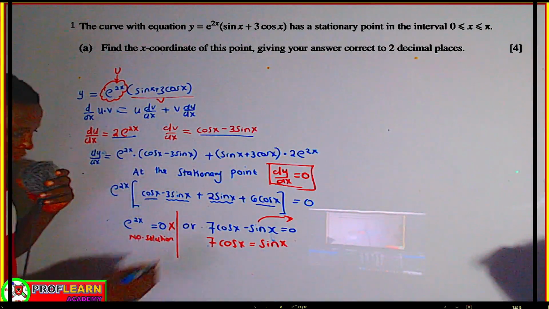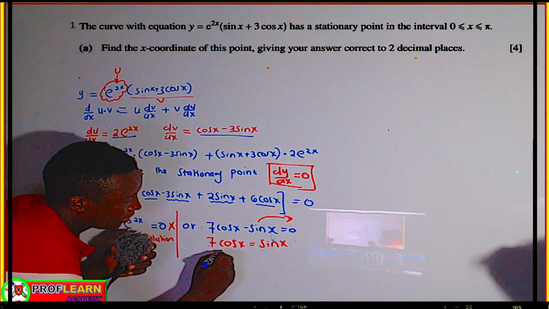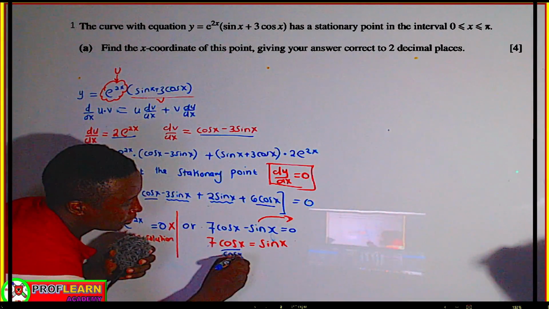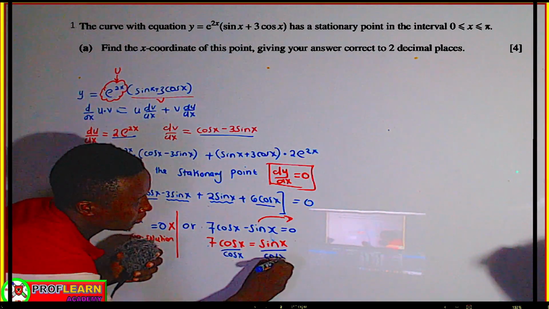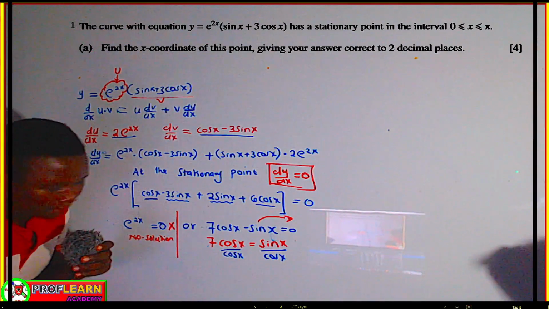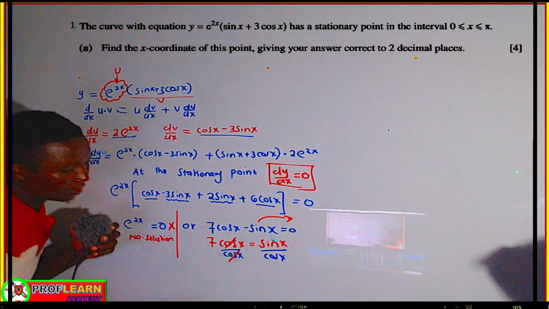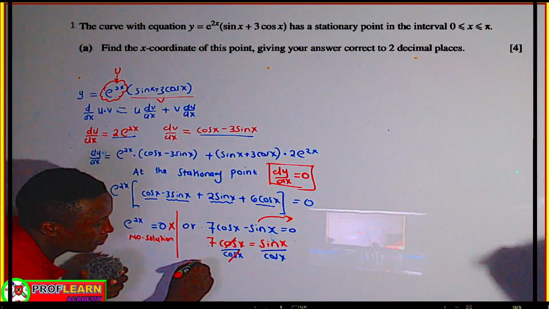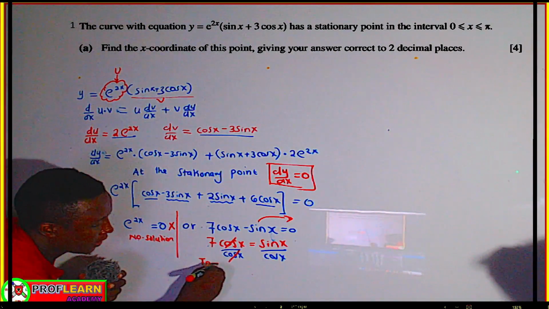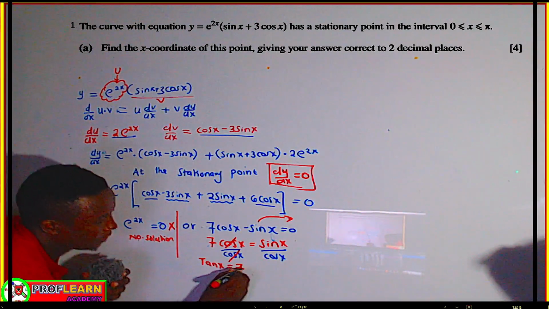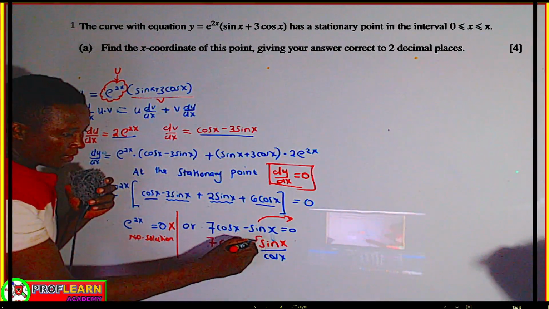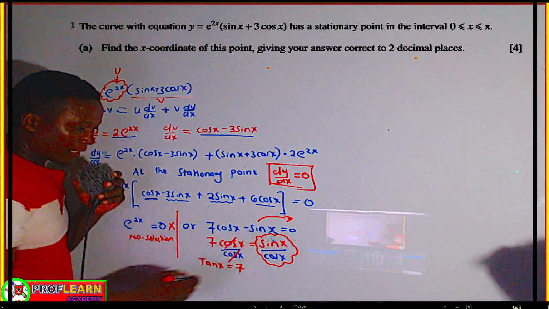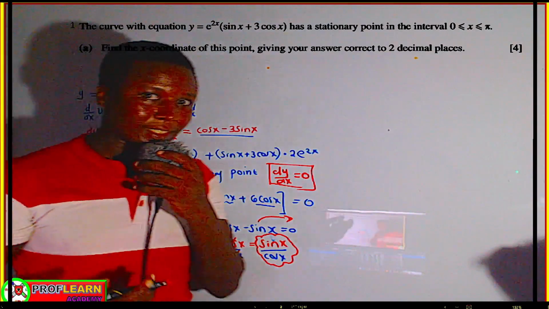Now, in order to proceed, we can divide by cos x, which will mean that cos x and cos x cancel out. We end up remaining with tan x equals 7. So this term that we have in here, sin x over cos x, is actually tan x.